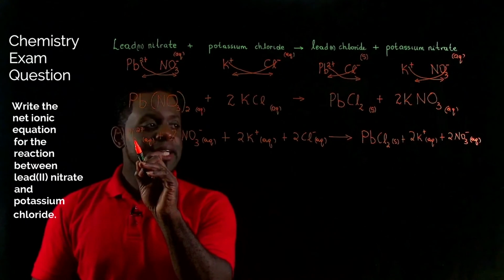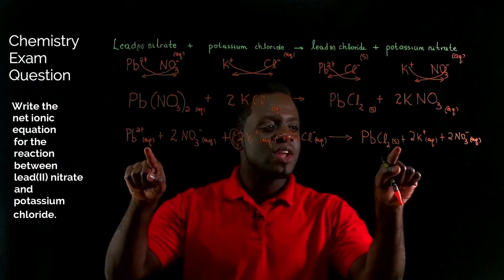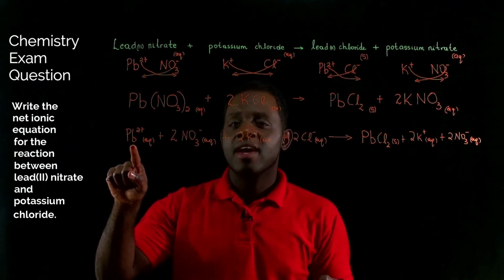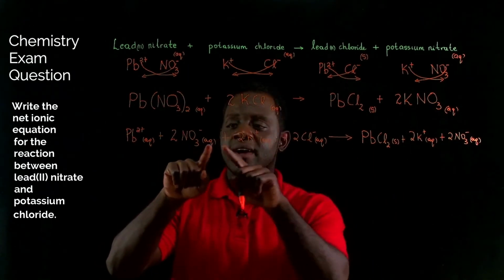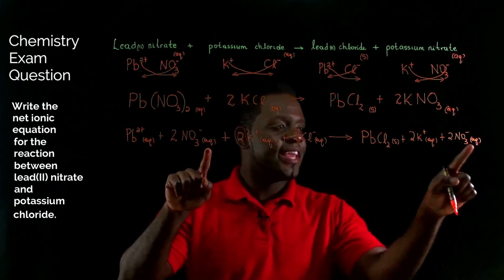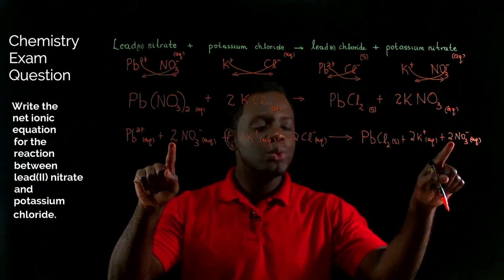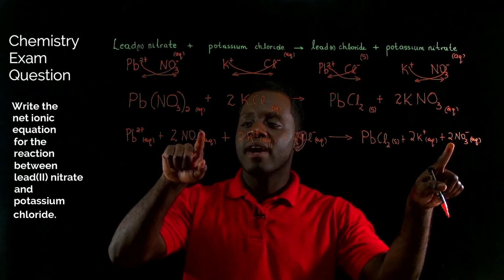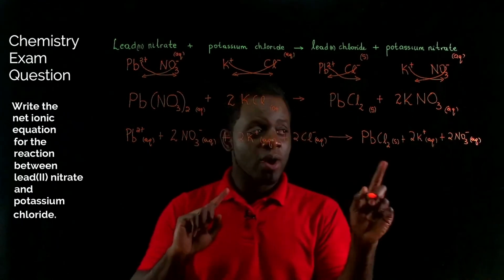Let's check our lead. We have aqueous on the left hand side and solid on the right. That means the lead is not a spectator ion. Let's check our nitrate. We have aqueous on the left, aqueous on the right. We have 2 and 2, so the number hasn't changed either. And we have a charge of negative and negative, -1 that is.